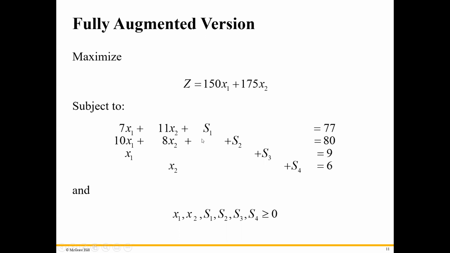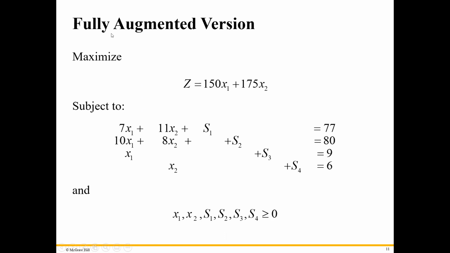So these were 4 constraints, and we introduced 4 slack variables to make those inequalities into equalities. Then the additional constraints are that all the values x1, x2, s1, s2, s3, s4 are greater than or equal to 0.